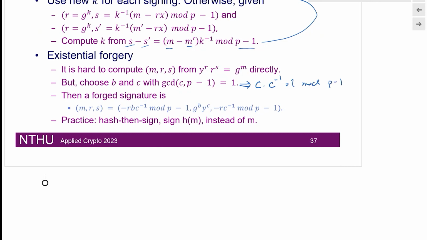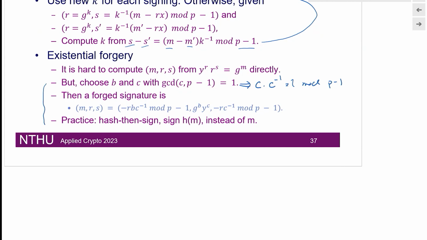And then we can compute C minus 1 based on the extended Euclidean algorithm. So far we didn't do anything. But it looks like if we take these steps, we can forge a signature for some random message. It's not a message of our choice, but it could be any random message.